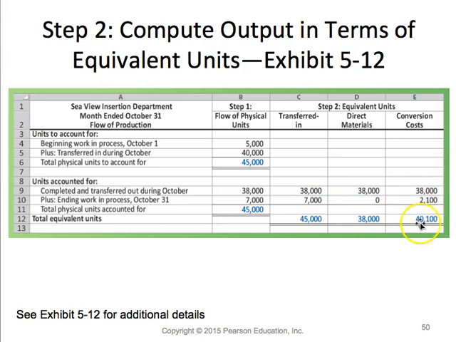So the total here is 40,100 equivalent units, compared to the 38,000 and 45,000, which are different numbers. Everything else after this is the same.